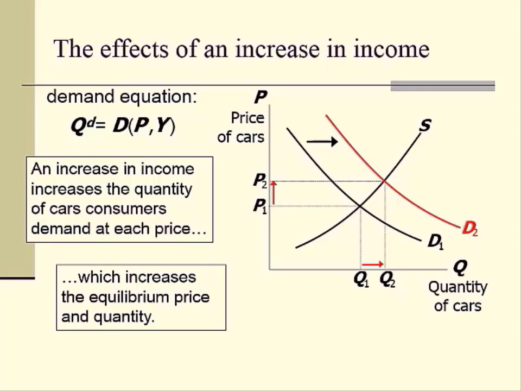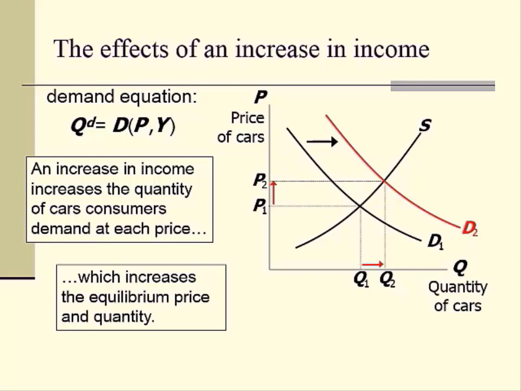Why don't we first look at the effect of a change in income, in this case, an increase in income. When Y, an exogenous variable, increases, demand will increase. That is, at every price there's going to be more quantity demanded. Therefore, it's shown as a shift of the demand curve to the right.